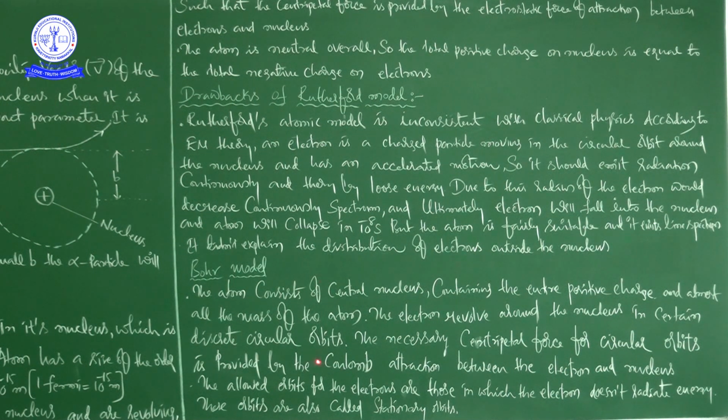So what Bohr is saying in the first point is that the atom consists of a central nucleus containing the entire positive charge and almost all the mass of the atom. The electron revolves around the nucleus in certain discrete circular orbits.